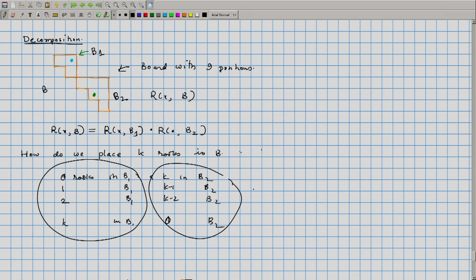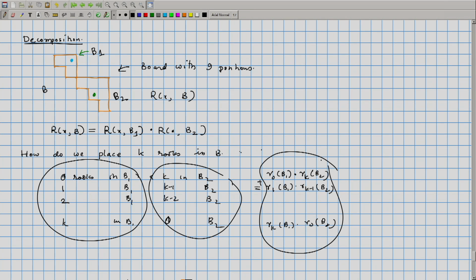And so, therefore, the total number of ways is going to be equal to R0(B1) into Rk(B2) plus R1(B1) into R(k-1)(B2) all the way up to Rk(B1) into R0(B2). And this basically is just the convolution of the 2 sequences.